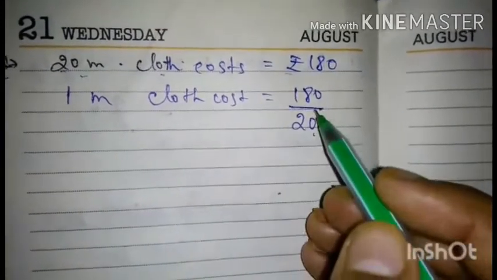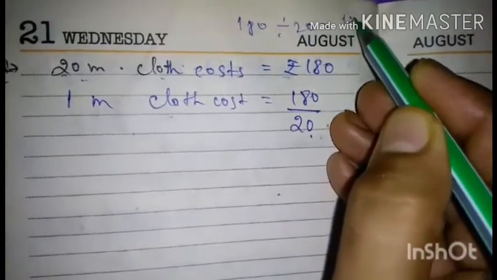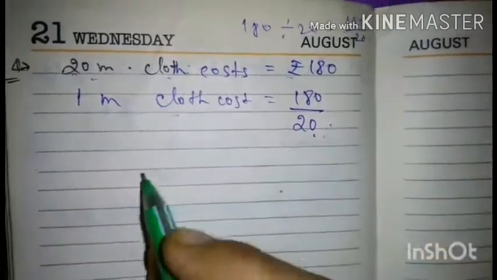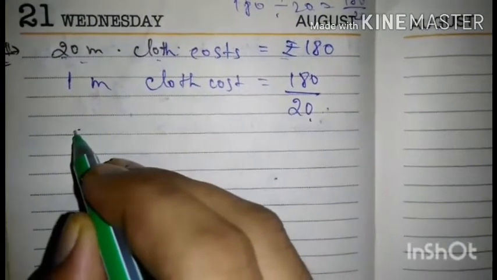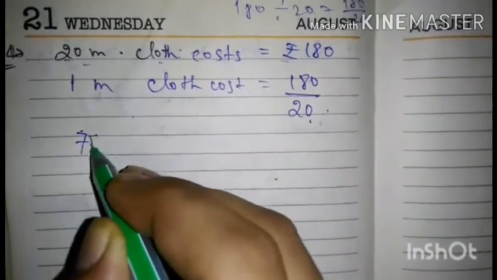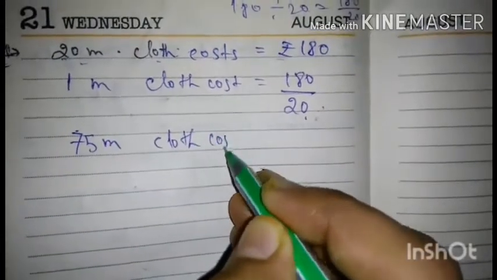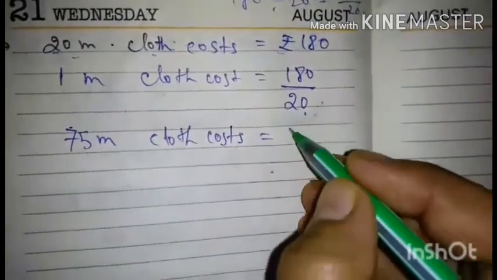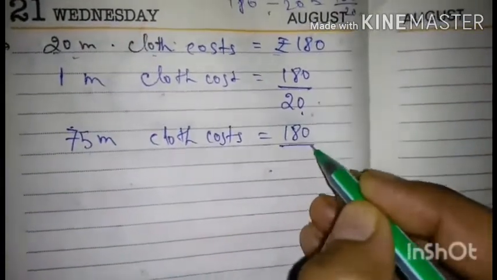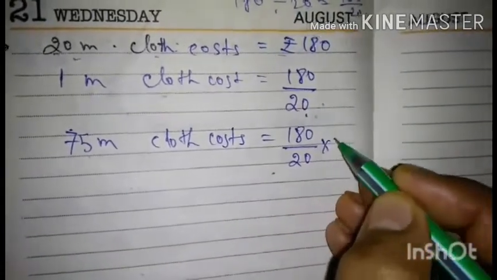Okay, 180 divided by 20 can be written as 180 by 20. Now find out how much for the 75 meter asked in the question. For 75 meter cloth, the cost is equal to, there is more than 1, so multiply in this fraction which has the 1 meter cost by 75.